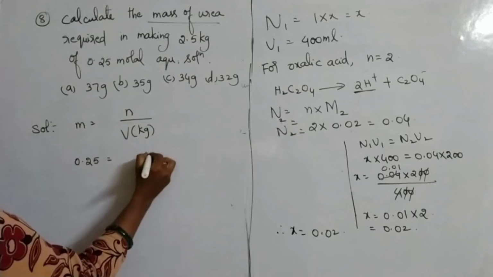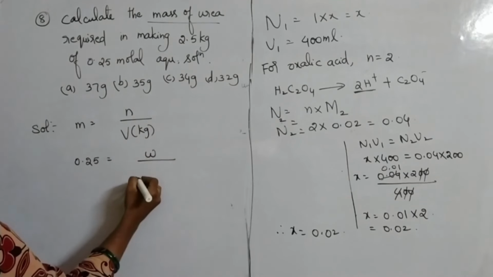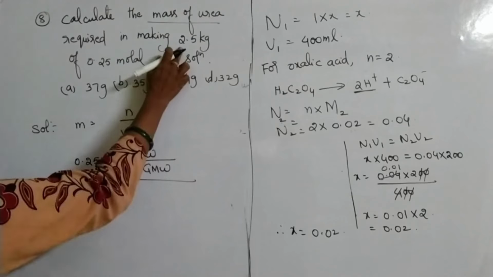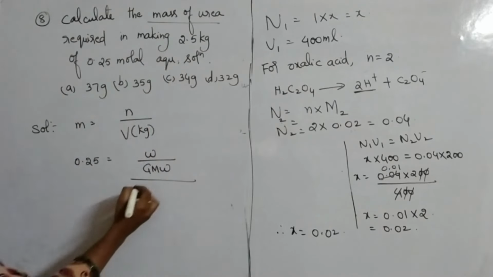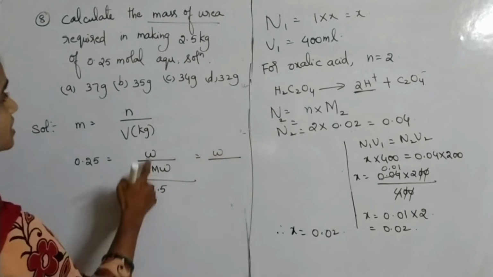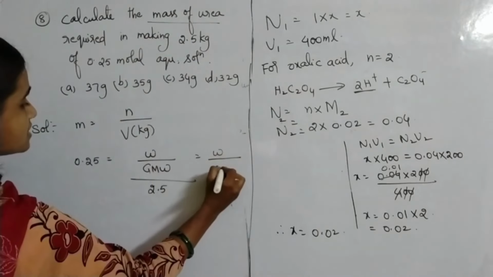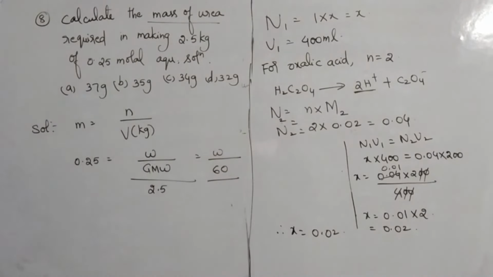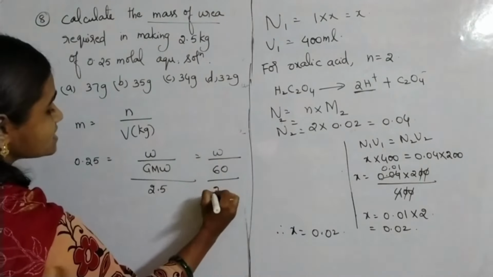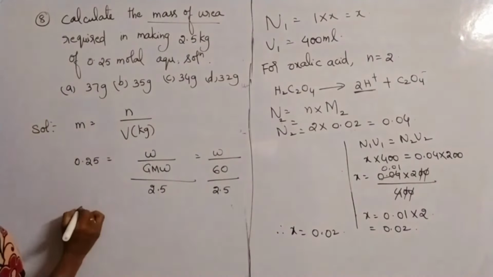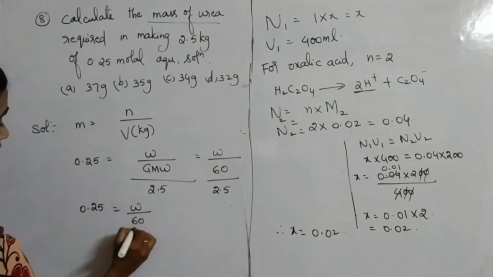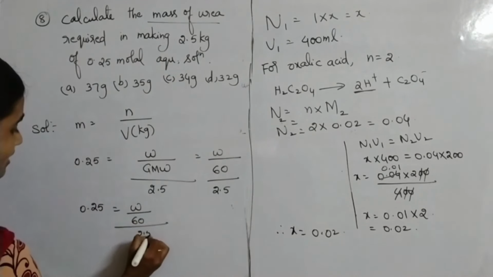How you will write? Given weight small w by gram molecular weight of urea, GMW, by volume is to be taken in kgs. So 2.5. This small w we don't know. GMW of urea is how much? 60. Did you remember? By volume in kgs means 2.5. So 0.25 is equal to small w by 60 whole by 2.5.